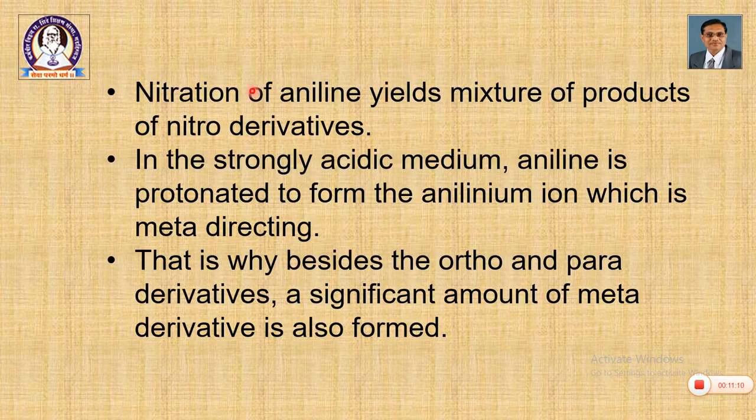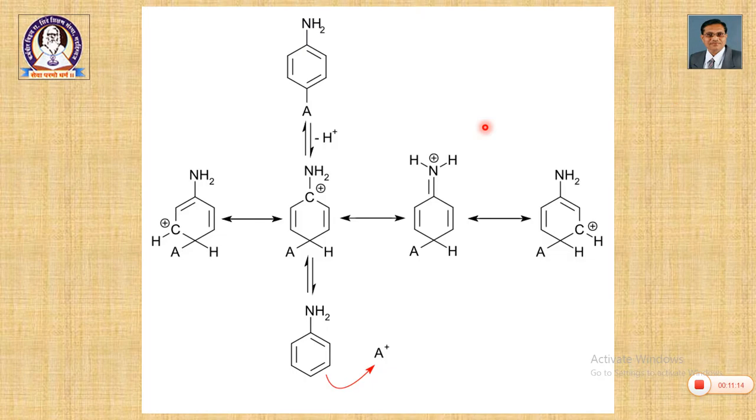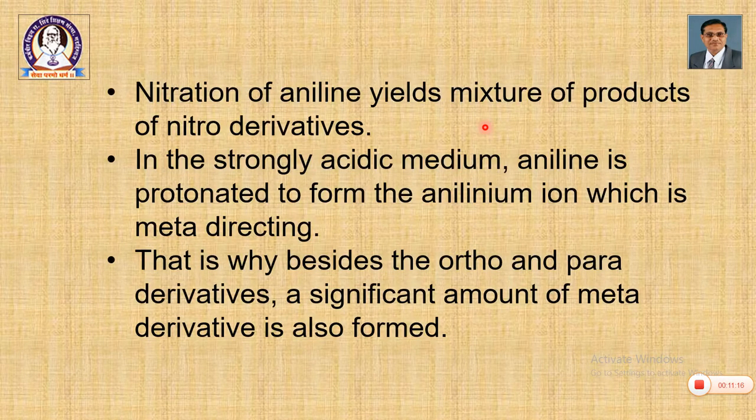Okay. So, nitration of aniline, first reaction we will see. In this case, nitration of aniline yields a mixture of nitro derivative products. So, we get various products. In the strongly acidic medium, aniline is protonated to form the anilinium ion, which is meta directing.